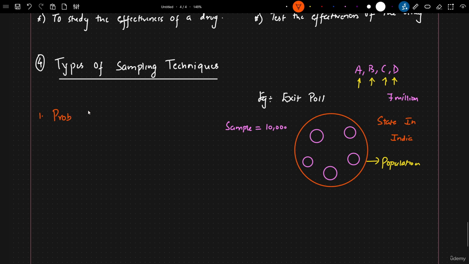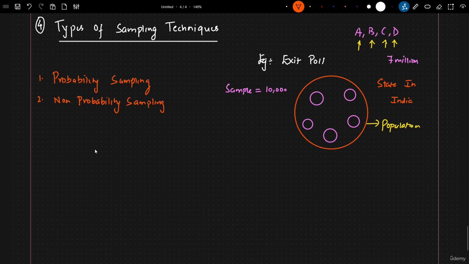One is called probability sampling, and the second technique that we commonly use is called non-probability sampling. Now let me discuss more about this with examples. First, we will talk about the different types of probability sampling.